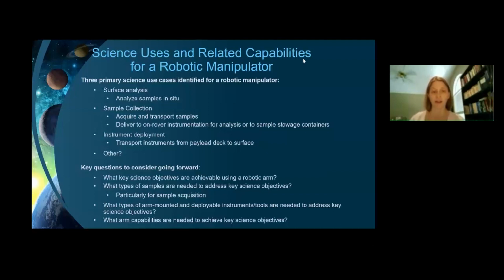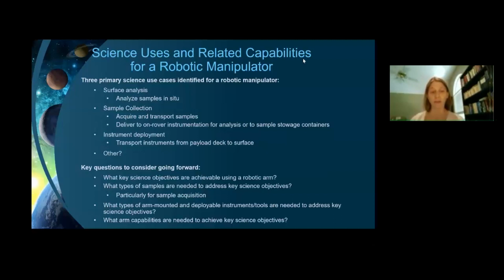Then there's sample collection or sample acquisition, to acquire and transport the samples, whether that's to deliver samples to on-rover instrumentation for analysis in place or to sample stowage containers that could then be returned to some sort of return opportunity. And then the third use case was instrument deployment, so transport of instruments from a payload deck and delivering them to the lunar surface.